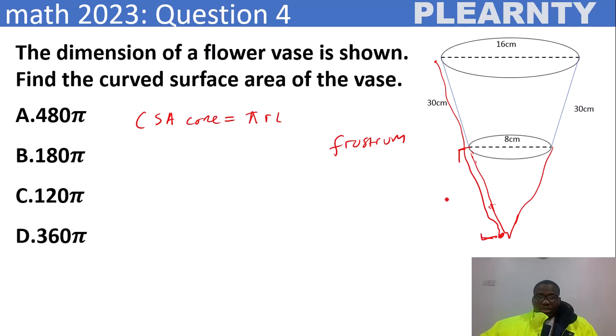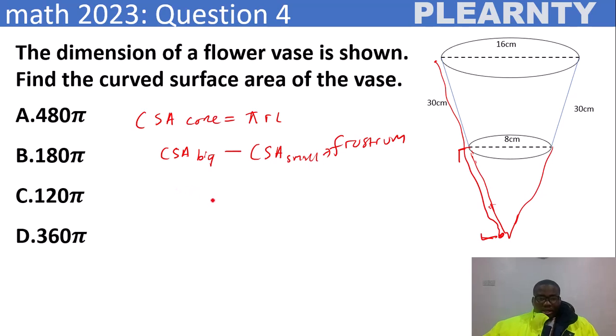So if you have the surface area of the big cone and the surface area of the small cone, you say curved surface area of big cone minus curved surface area of small cone, that will give you the curved surface area of a frustum.